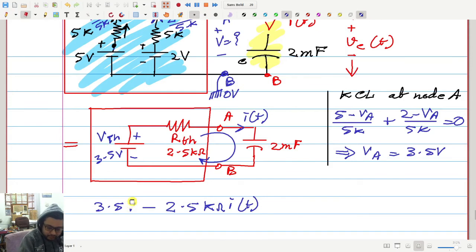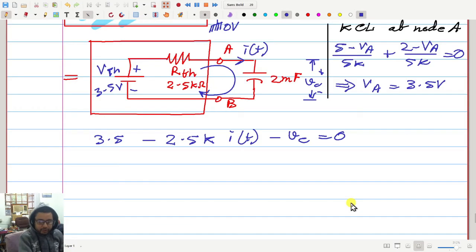Let me not put the units for simplicity. And how much is the voltage here? That is VC, so minus VC, that is equal to 0.